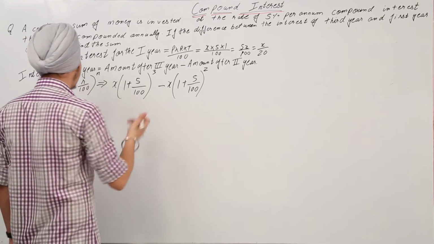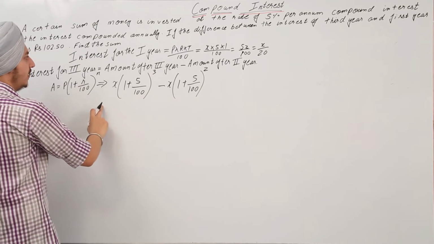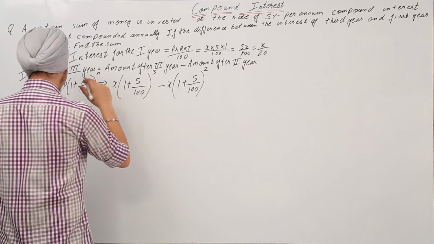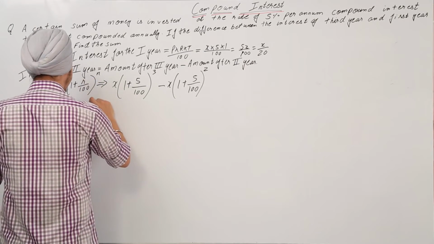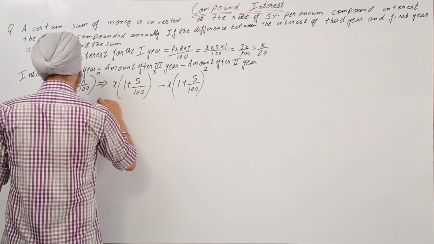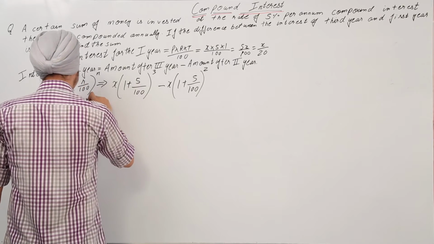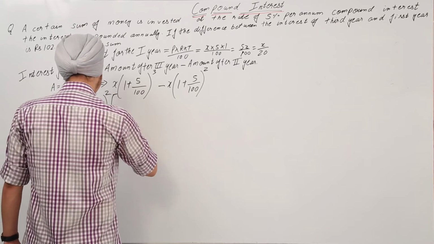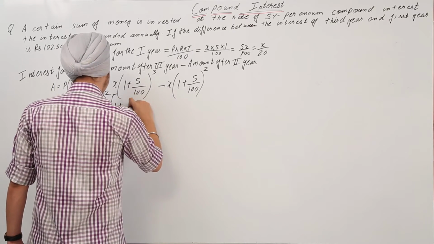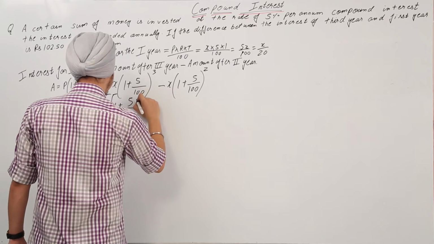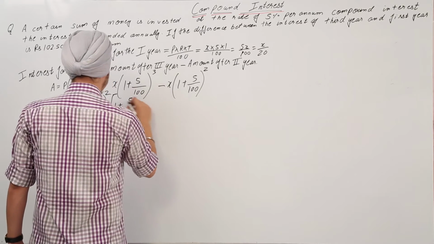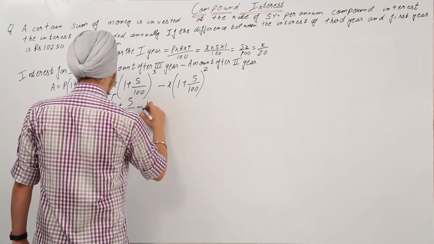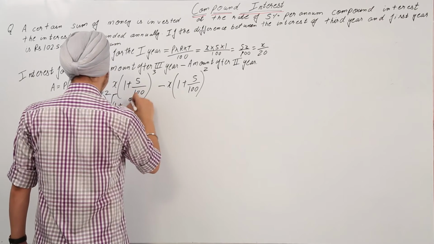So how do we write it now? We take x common, and we take 1 plus 5 upon 100 raised to power 2 common. So what we get here is 1 plus 5 upon 100, minus 1.